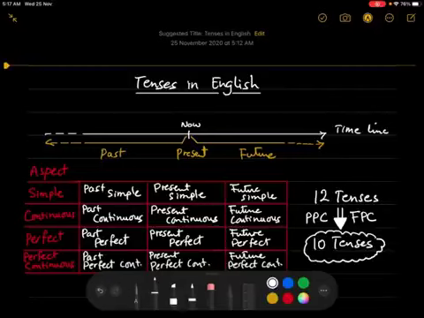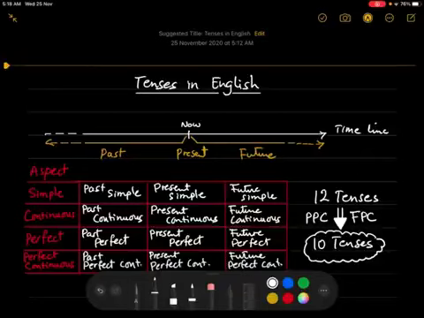And when we look at the present time, we have four tenses, which are present simple, present continuous, present perfect, present perfect continuous. And when we look at the future time, it has four tenses, which are future simple, future continuous, future perfect, future perfect continuous.